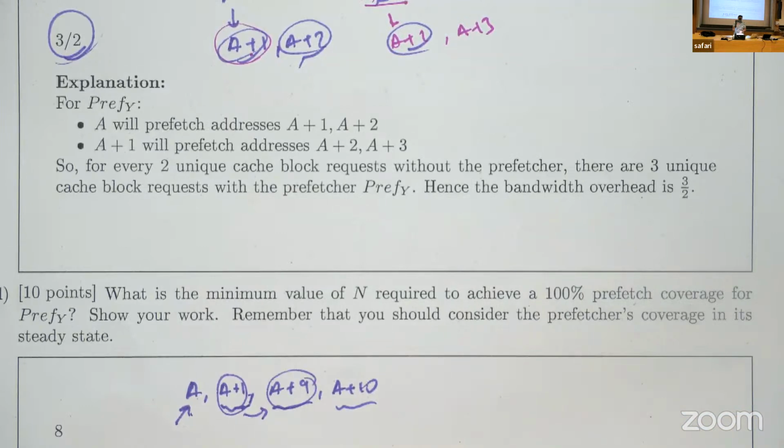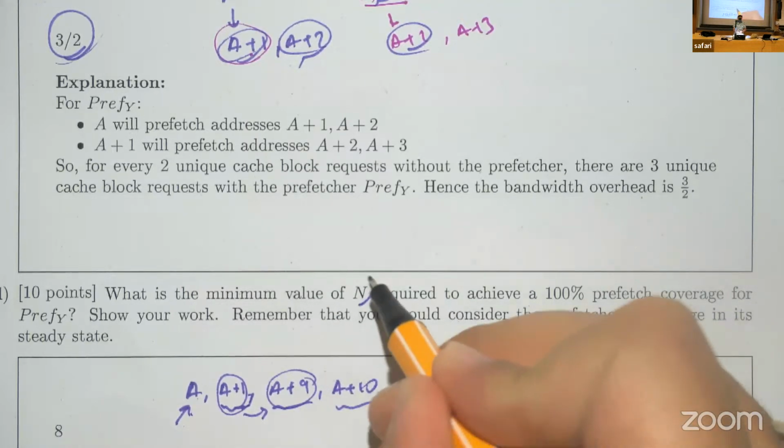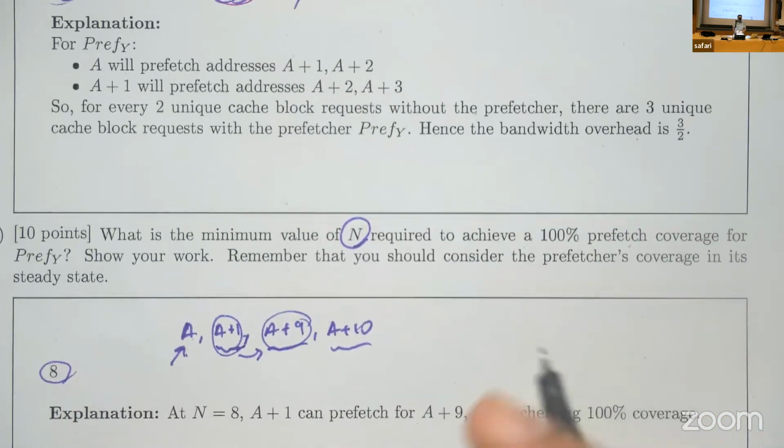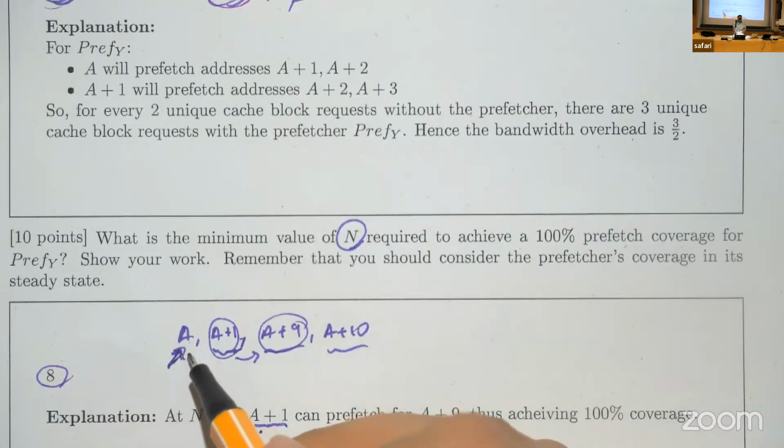To do that with this kind of prefetcher, we need to set n to 8, so that we can prefetch A plus 1 within the prefetches for A, and A plus 9 within the prefetches for A plus 1.